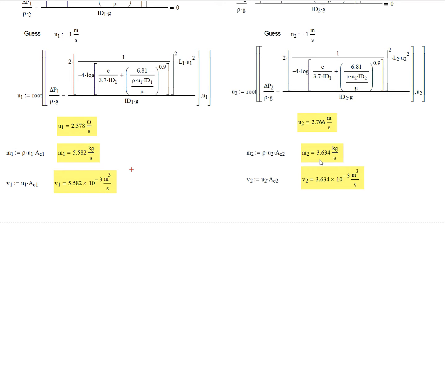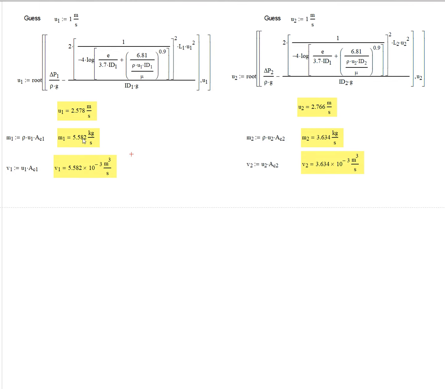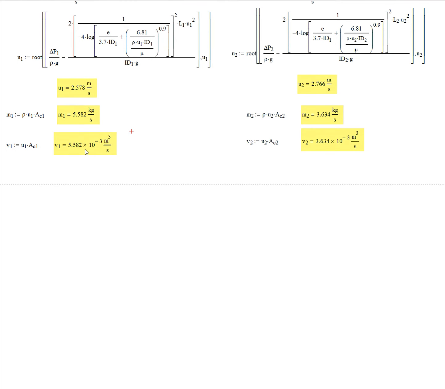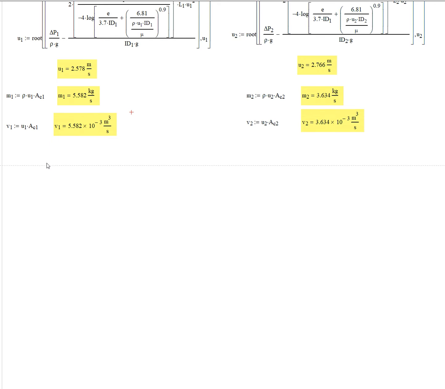For branch 2, the mass flow rate is 3.6 kilograms per second. So that makes some sense, that this is a larger diameter. We have about the same velocity, and so we should have a larger mass flow rate. Volumetric flow rate, again, is proportional because of the densities here.